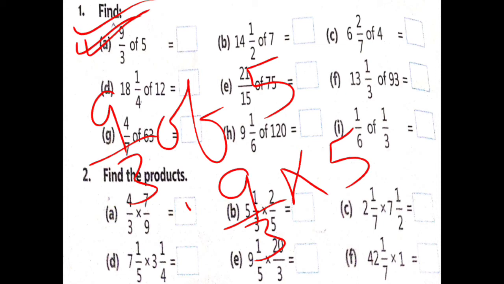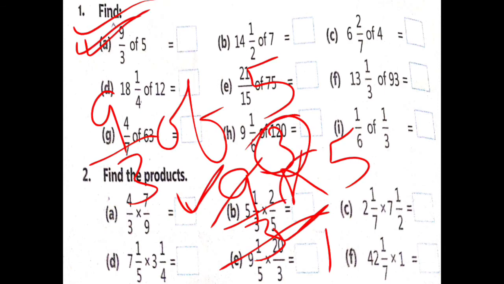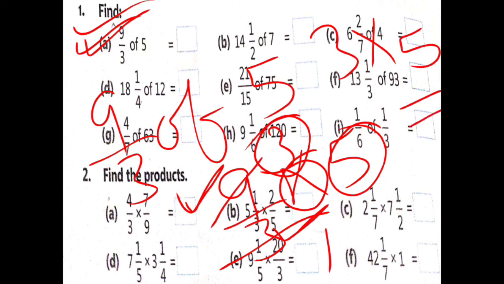Which number? 9, because 9 is a multiple of 3. 3 ones are 3, 3 threes are 9. So the resulting term is 3 multiply by 5. 3 fives are 15. So the answer of the first question will be 15.